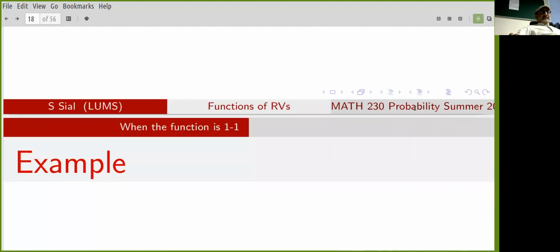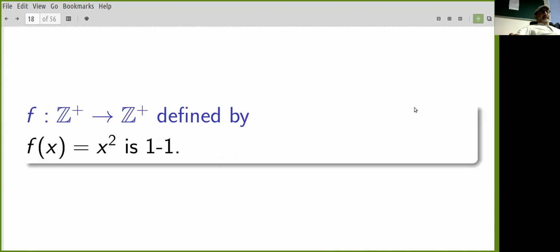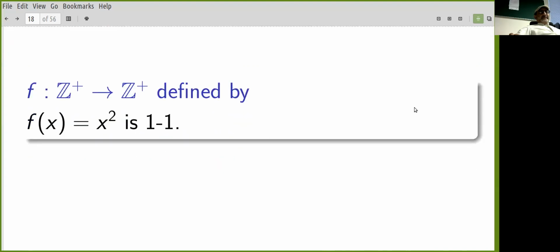So the function is not 1-to-1. On the other hand, if you're mapping from the positive integers to the positive integers, f of x equals x squared, then if f of a equals f of b, a squared is equal to b squared, then in fact a is equal to b because we're only talking about positive integers.